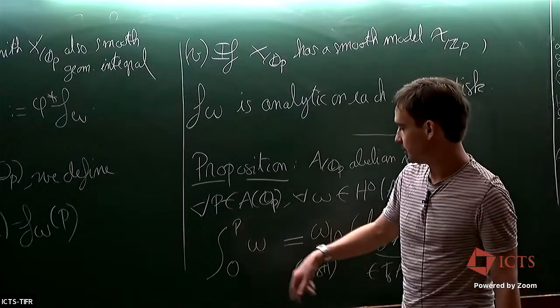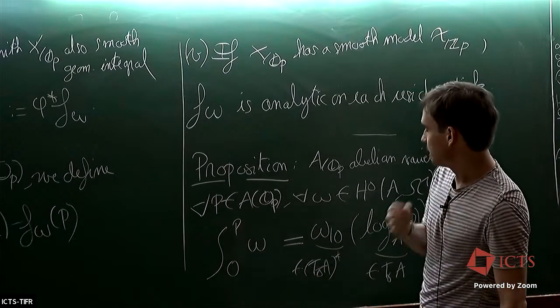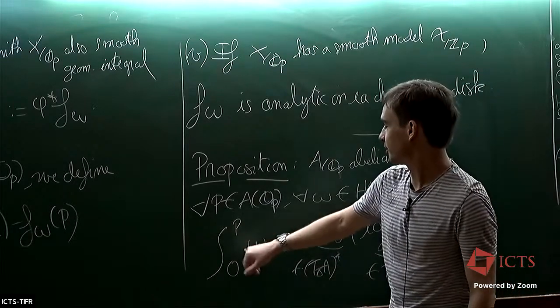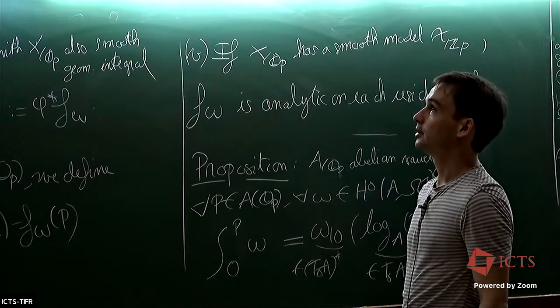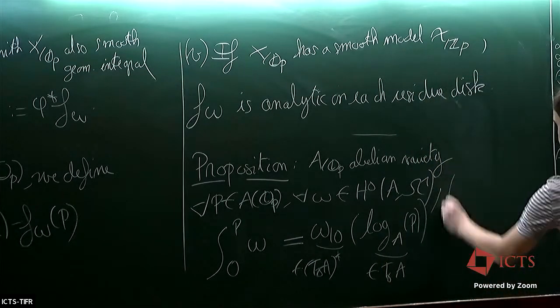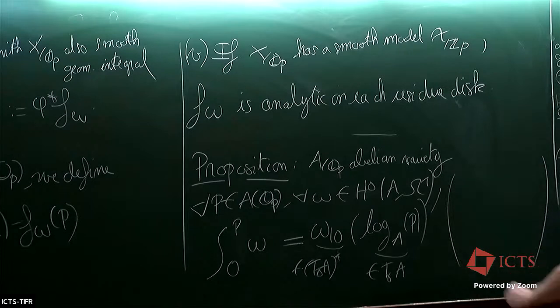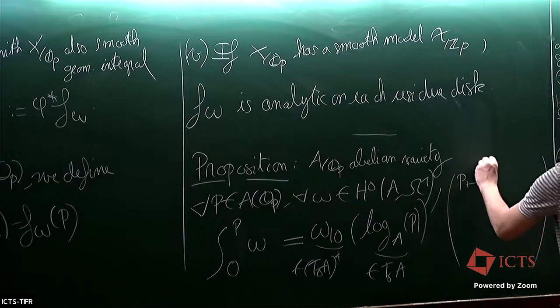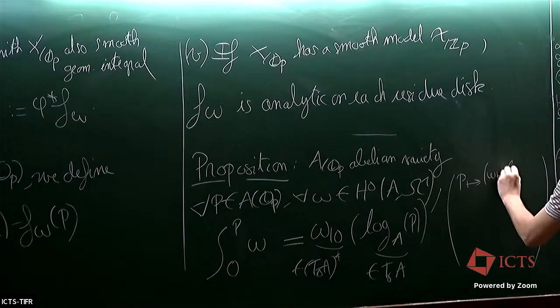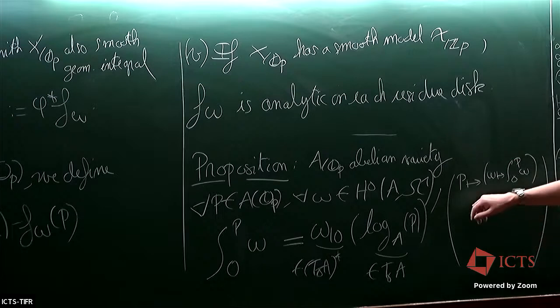If you fix omega, for example, oh sorry, if you fix P and you look at the function in omega, what you really want to say is this: P associates to omega the integral. So this takes a point in A of Q_p and sends a form to the integral.